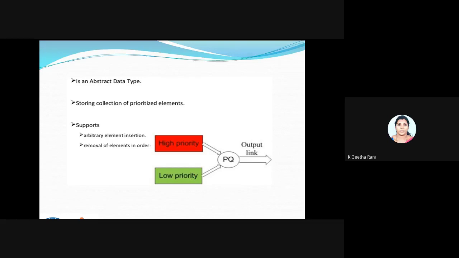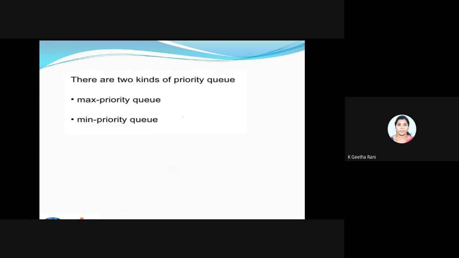So next we have some major kinds of priority queue. Fine. So we have two kinds of priority queue. One, I'll call a max priority queue, and another one is called a min priority queue. You can just recall the DQ. In DQ, again, we have two types of DQs: one is input restricted and another one is output restricted.